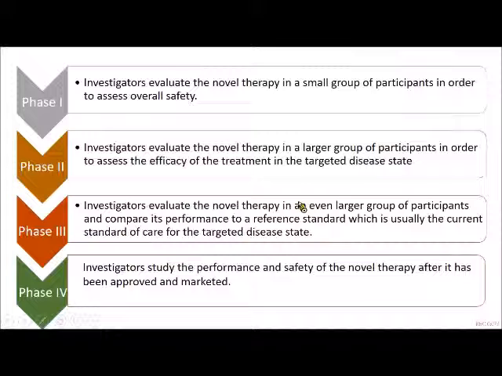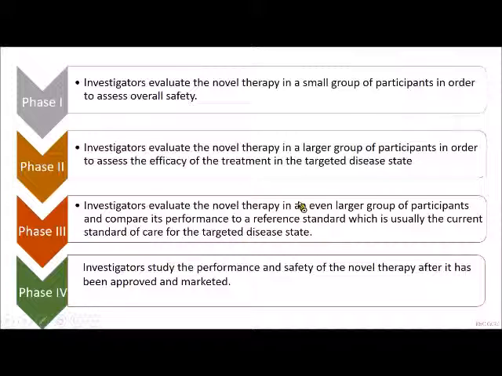In general, this is the final study phase to be performed before seeking regulatory approval for the novel therapy and its use in standard of care environments.